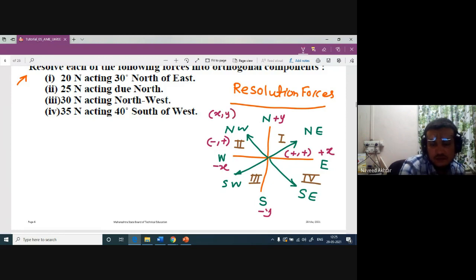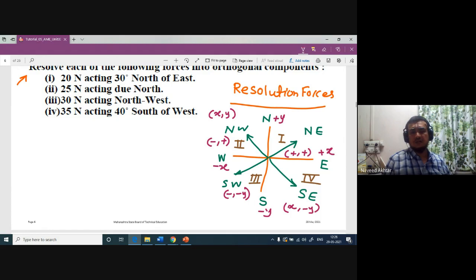Okay. If your point or force is in the third quadrant, then both values of x and y are negative. You come to the fourth quadrant, the value of x is positive, but the value of y is negative. Okay. So likewise, you can show this. It is important.